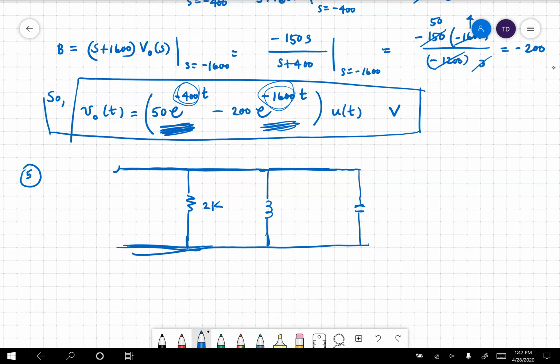There's the parallel, and then there's the series RLC circuit. Okay, on this problem, number 5, it says to express the S-domain impedance of the parallel combination, and then give the numerical value of the poles and the zeros. So we want the impedance. So let's get these values in there, 6.25, 250 nano.